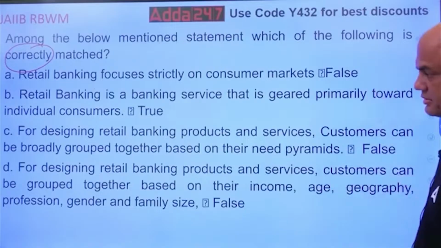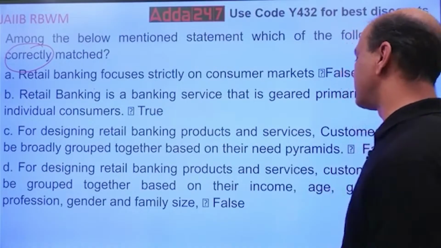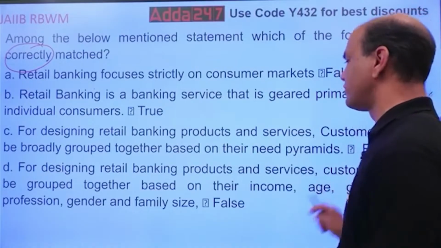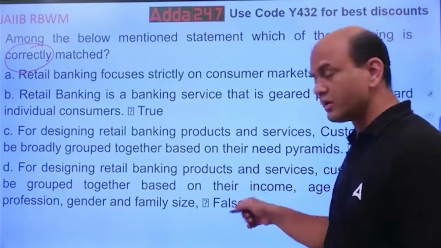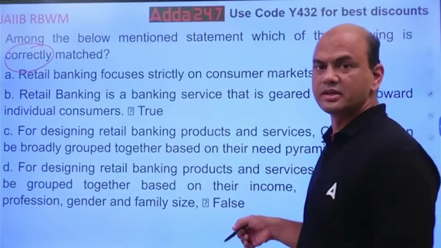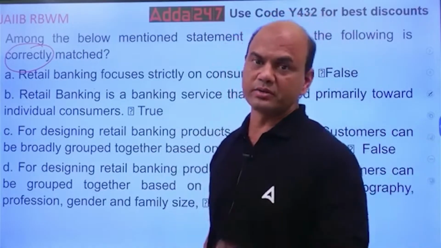Correctly matched. For designing retail banking products and services, D1. Customers can be grouped together based on their income, age, geography, profession, gender and family size. And the option is false. Matching is false. So which one is correctly matched over here?